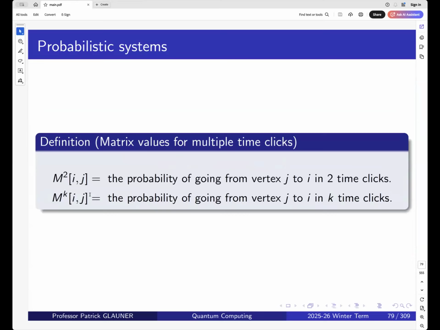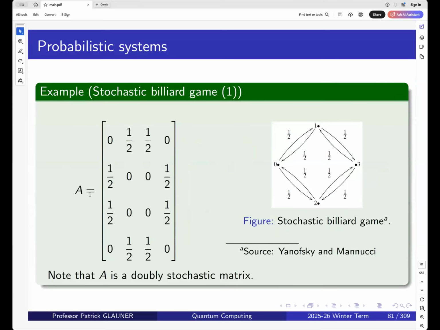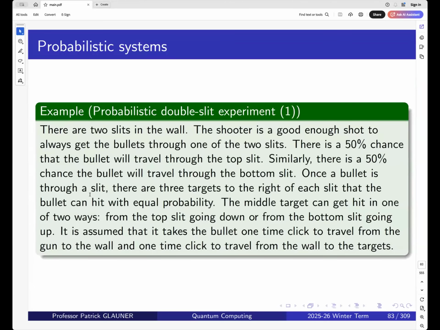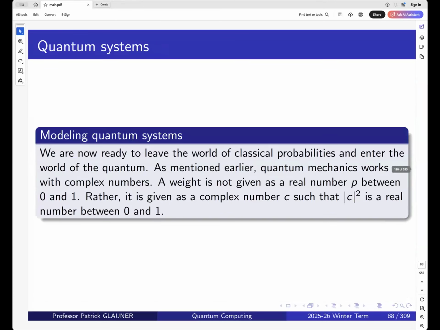Again, we can multiply the matrix with itself for 2 time clicks and all of that. And we looked at a few examples like the stochastic billiard game and the probabilistic double slit experiment. Then we moved on to quantum systems, which are the systems that are of particular interest of this course.